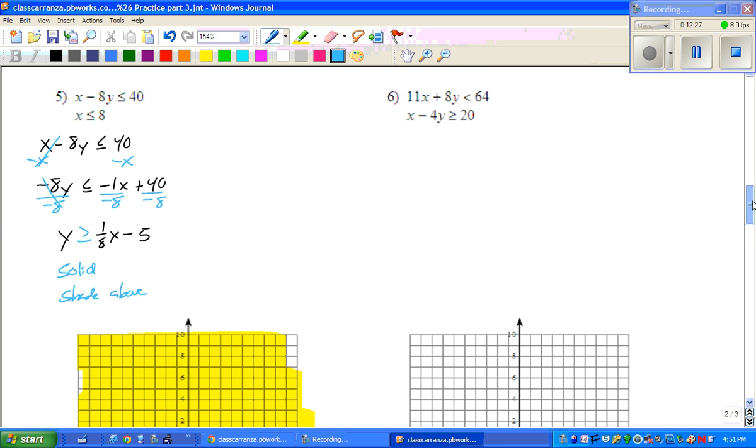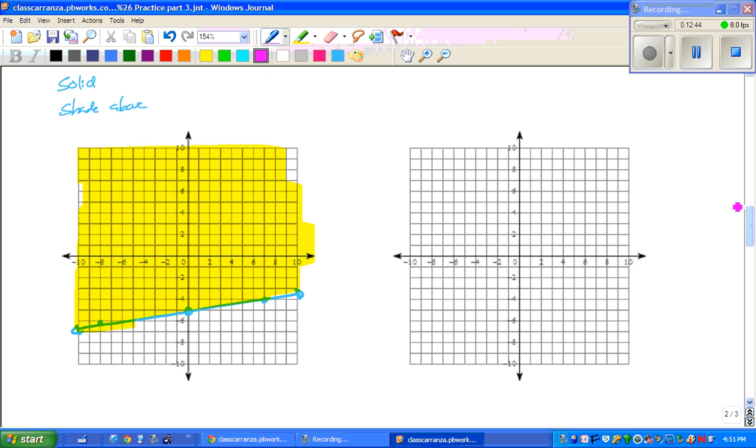Now our other line is x is less than 8. Okay, it's a vertical line. It's solid. And let's go ahead and draw this now.